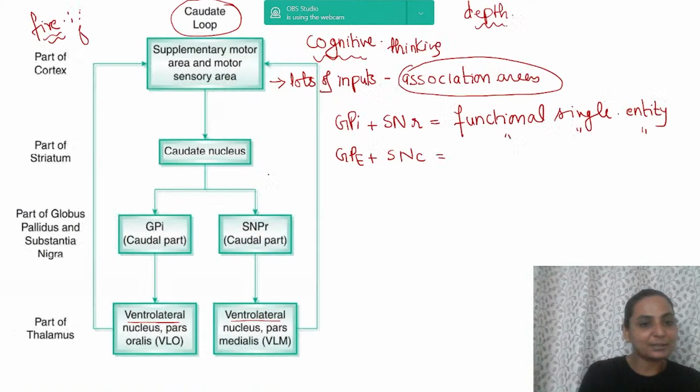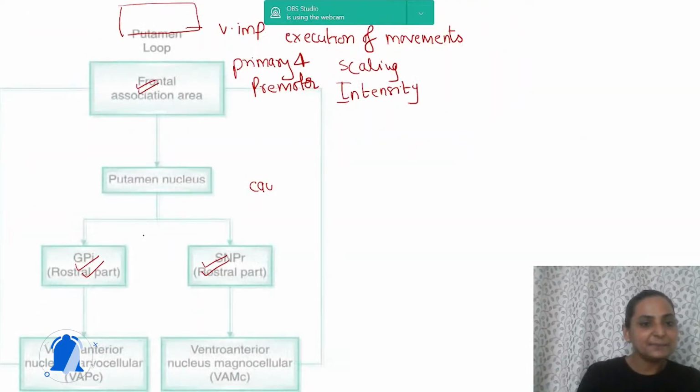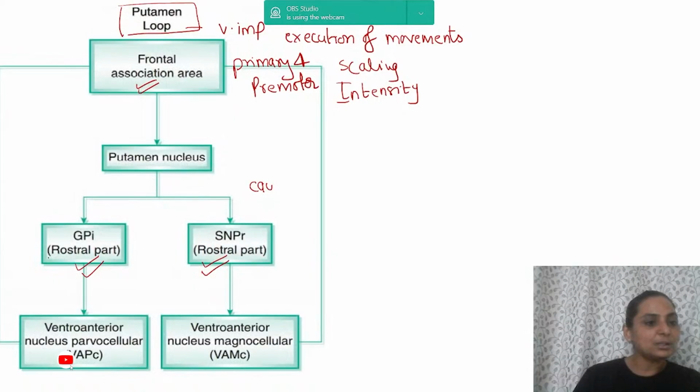We can have a quick recap: in the caudate loop, C for caudate, C for caudal, whereas here they are going mainly to the rostral part. That means both of these loops go to the same areas, but the caudate goes to the caudal part and the putamen goes to the rostral part, right? And from there they go to the thalamus.